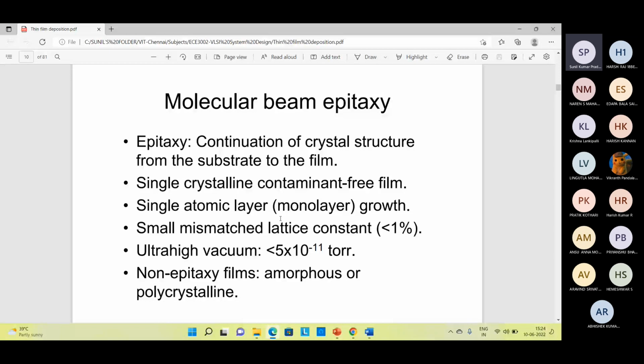In these cases, molecular beam epitaxy is a nice choice to deposit material onto the substrate, because the purity is very high, and as an ultra high vacuum condition is achieved, you get a less contaminated film that can be deposited by this process.